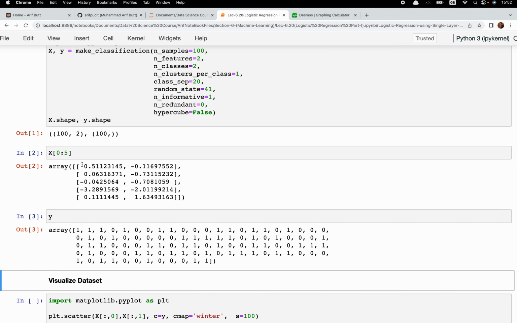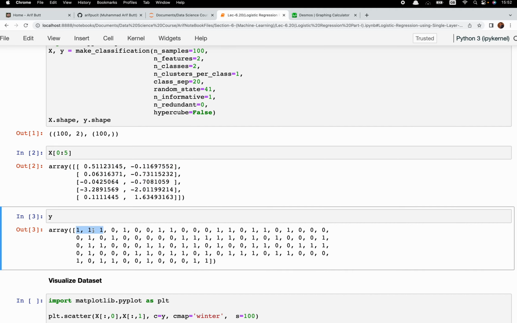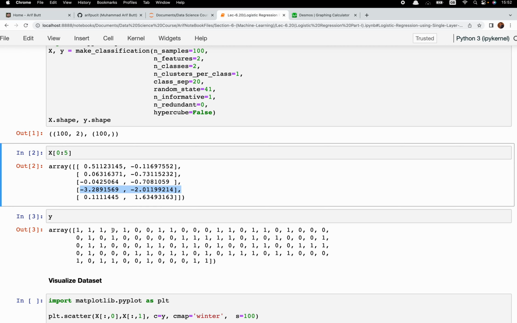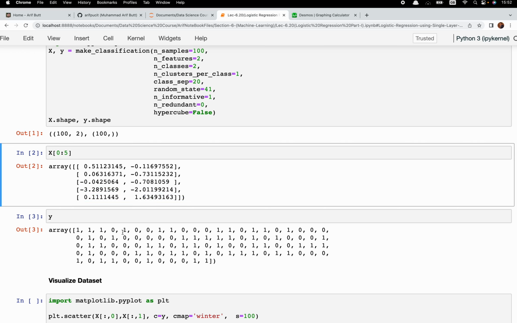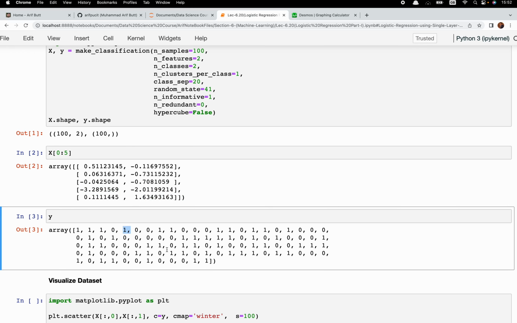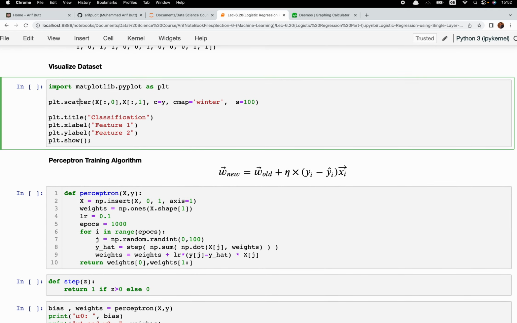So these first 3 observations belong to class 1. The label is 1. This 4th observation belongs to class 0. This 5th observation belongs to class 1, and so on. Okay, let's now visualize the dataset. For that, I've used the scatter plot method.